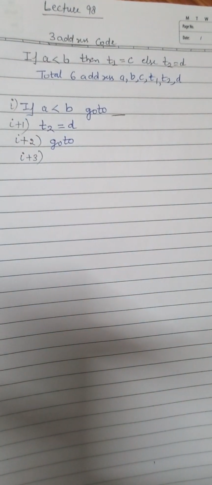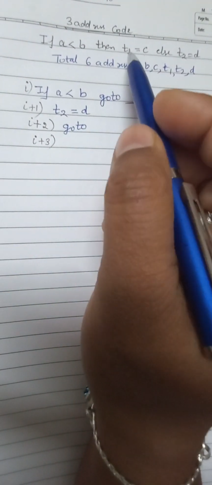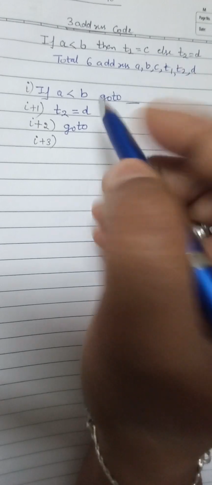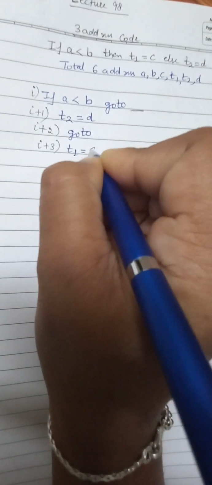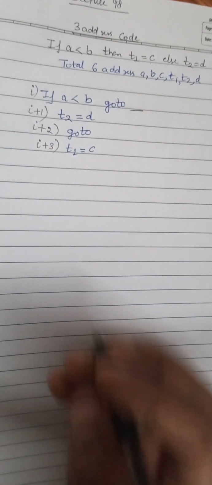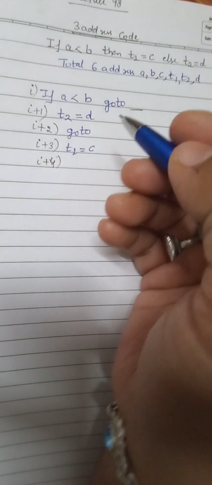So at I plus 3 we are writing T1 is equal to C. And next we are writing I plus 4. So why we are writing these things, we will see now.